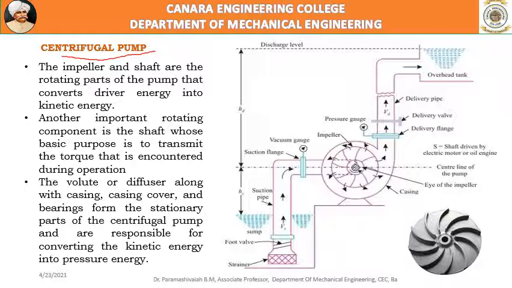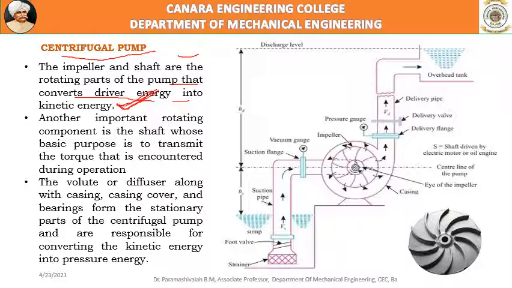The impeller and the shaft are the rotating parts of the pump that convert the driver energy into kinetic energy. That means these parts rotate, and while rotating, they carry energy in the form of kinetic energy that is transferred to the fluid.